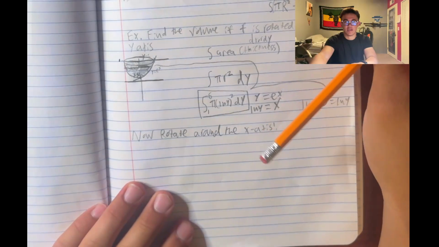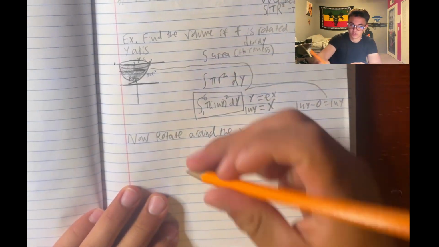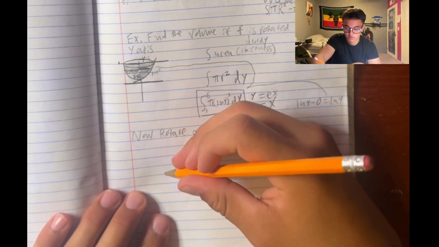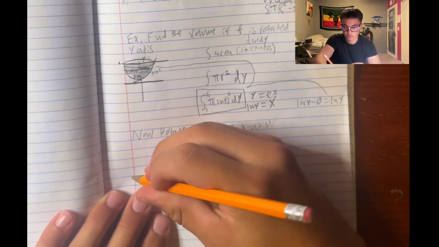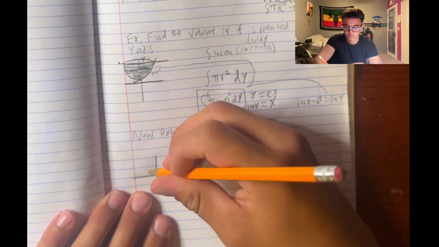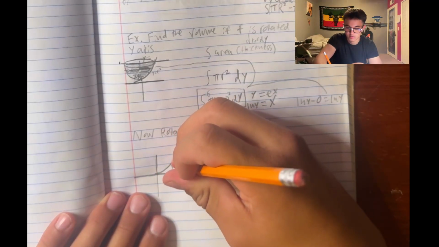Now rotate around the x-axis. Alright, so let's redraw the diagram. Y equals e to the x.